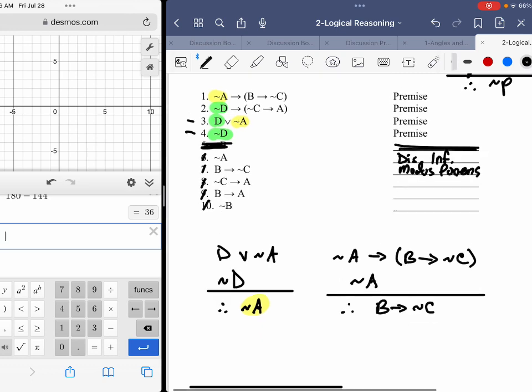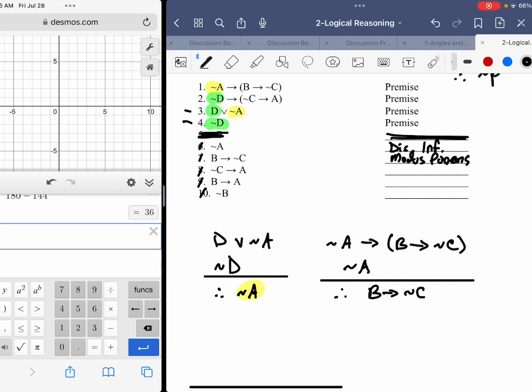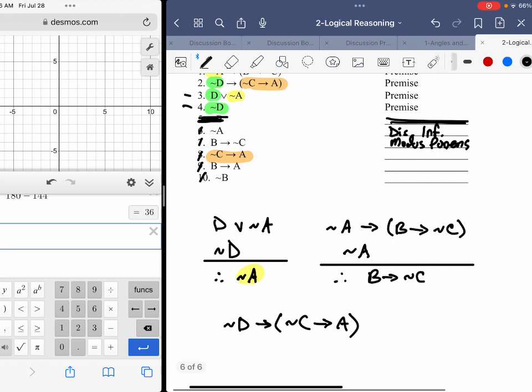All right. Now, I don't see... Oh, no, actually, I do see. For the next one, we have not C, then A. Let me get a different color involved here. Not C, then A is right here. So it tells me I'm probably using the not D implies not C, then A. All right, so I want to use that because I want to be able to break off the not D. I'm going to use the not D again because this is a case where we're affirming by affirming.